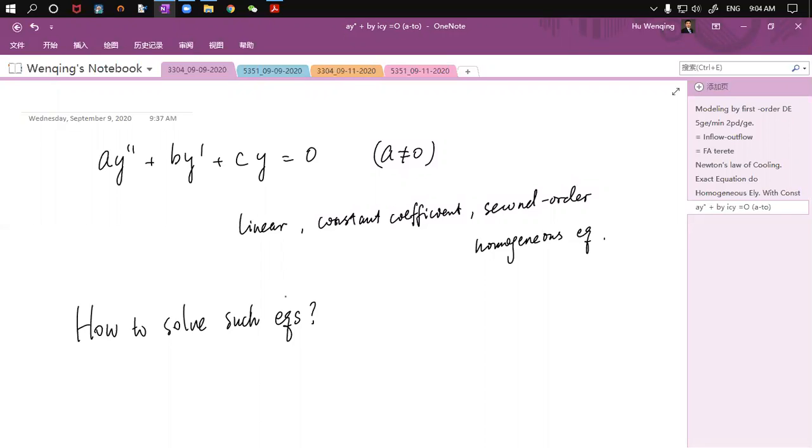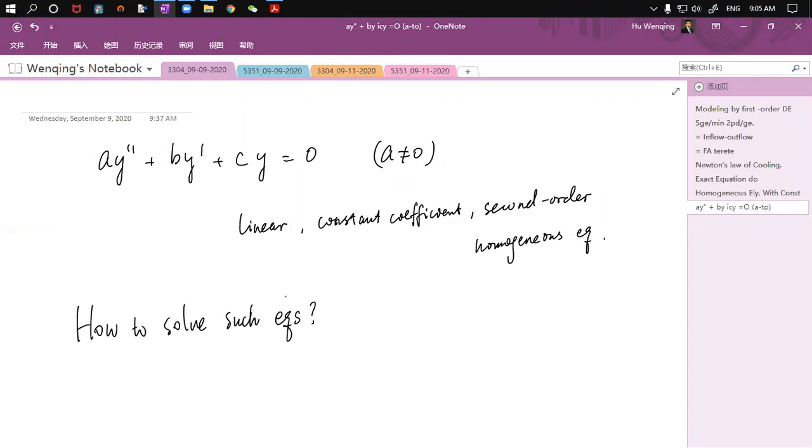The way you want to solve these kinds of equations, we must look at what other methods we've been talking about so far. How many ways to solve differential equations have we really been talking about?